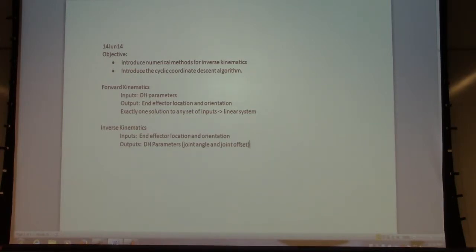Therefore, we only really need to consider the joint angle when considering the inverse kinematics as we're considering them. But in general, we should be able to use these inverse kinematics to determine the joint offsets as well.